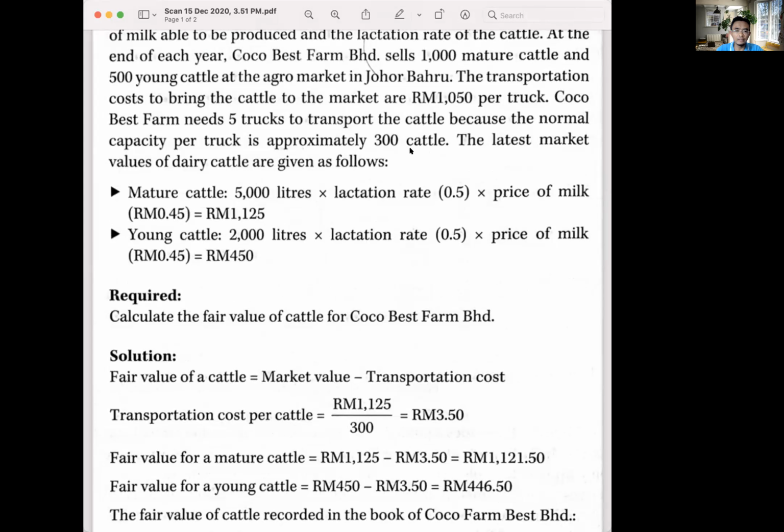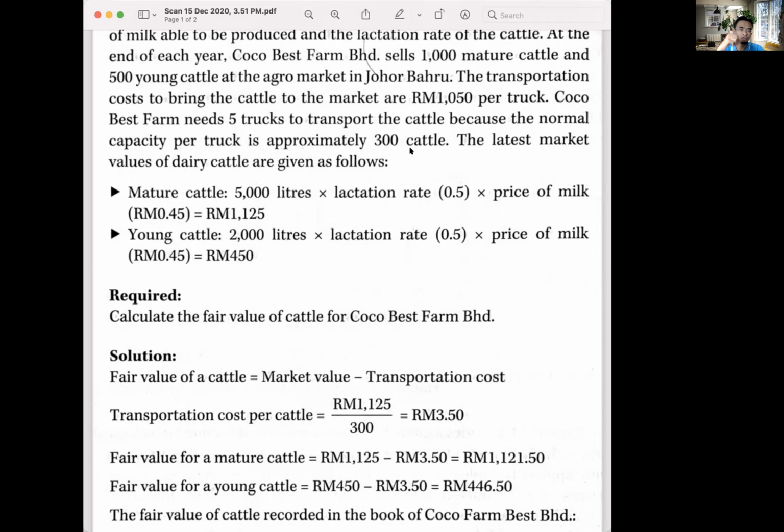Regardless sama ada young cattle ke ataupun mature cattle ke, dia can only accommodate 300 sahaja. Maknanya mungkin dia ada ruang 300 spaces in the truck, dedicated for 300. Jadi tak kisahlah kalau masuk yang kecil ke, still they occupy one space. Jadi for each cattle, the cost per cattle is 3 ringgit and 50 cent.